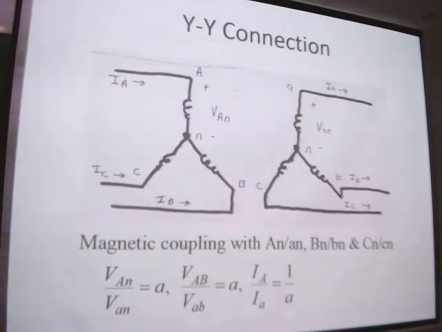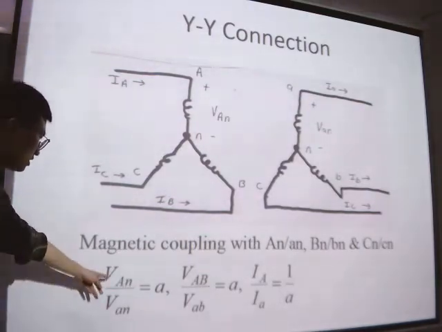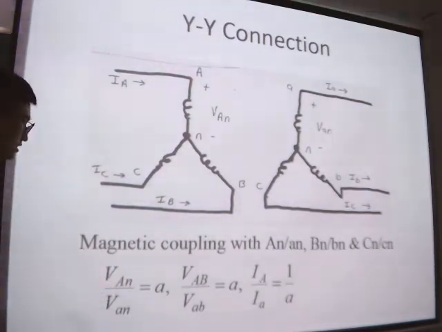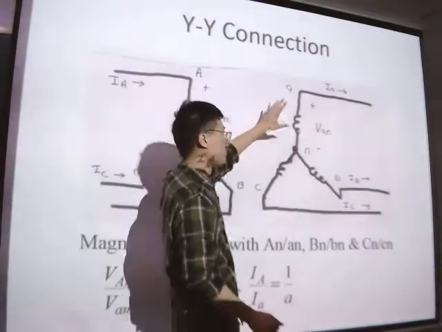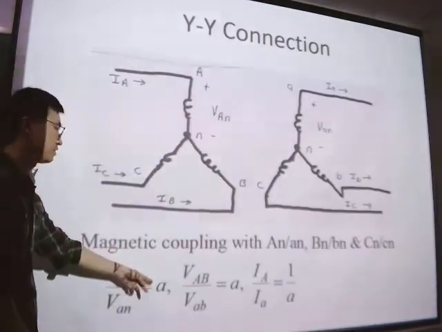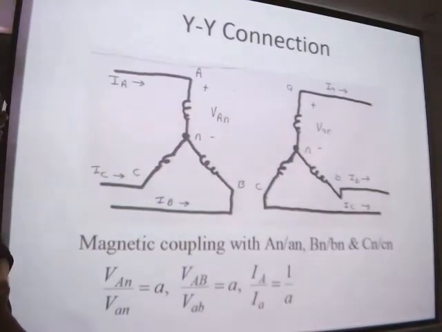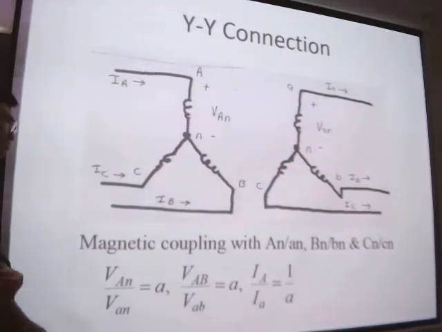So it's the Y to Y connection. AN is the phase voltage, right? Phase voltage to phase voltage is here the a, and a is the turns ratio, okay?